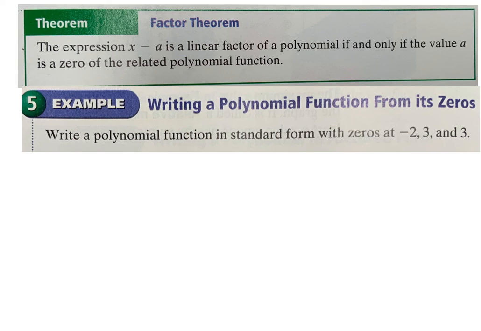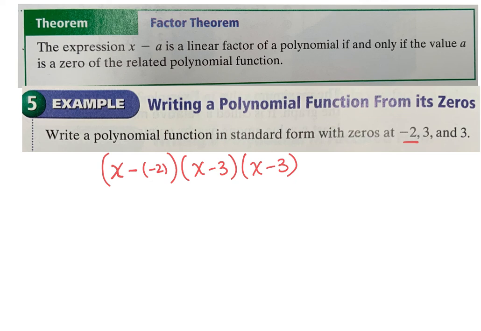Because to set it up into linear form, you're going to say x minus whatever your 0 is. So x minus a negative 2, that would be your linear factor for a 0 of negative 2. X minus 3, that would be your linear factor of positive 3. And so it basically switches signs when you put it into a linear factor or when you take it out to find the 0.